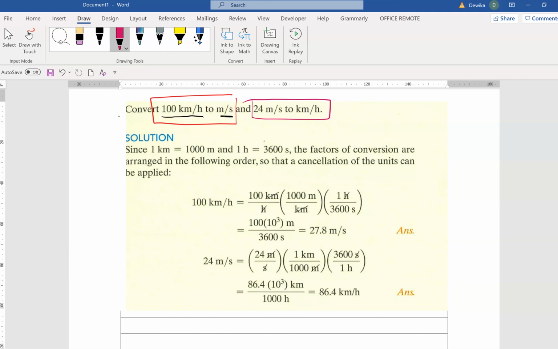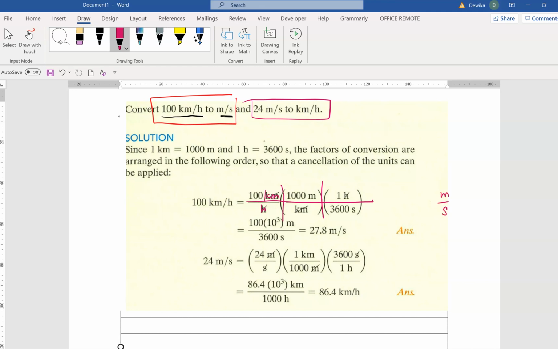Now I will guide you based on what I did in my engineering class. My lecturer used to teach this way, like a box, like a matrix. The first thing to do is to write your 100 kilometer per hour. What you want at the end of the day is meter per second, right?